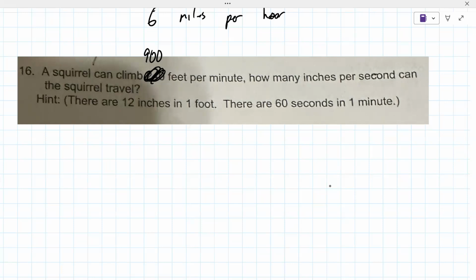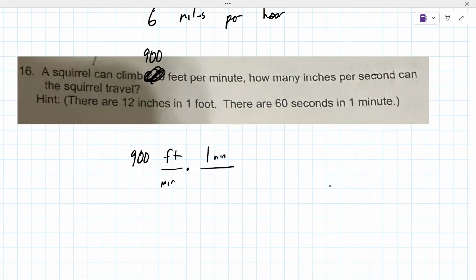No, it's sometimes wrong. Yeah, sometimes it's good to write these out to be able to do the conversion. 180. Yeah.